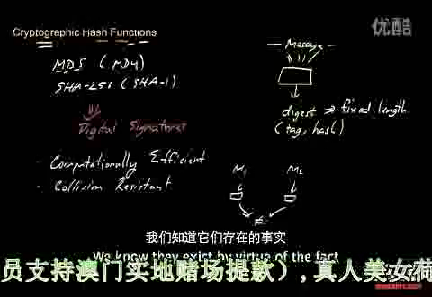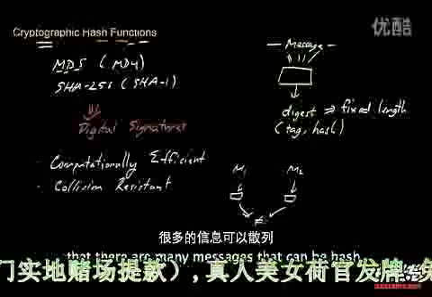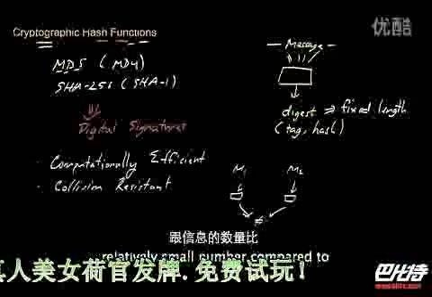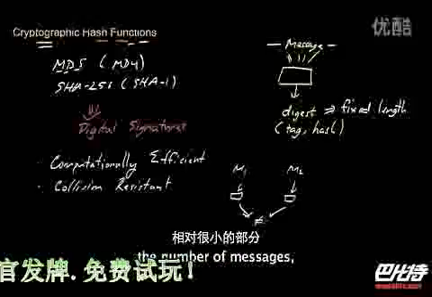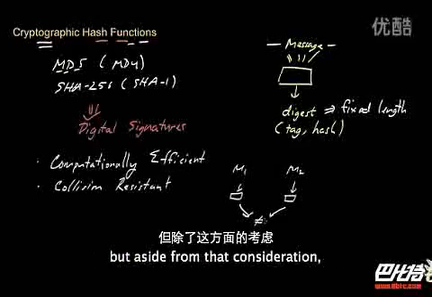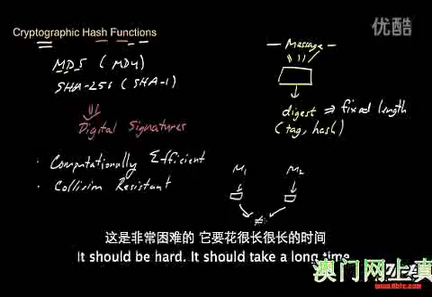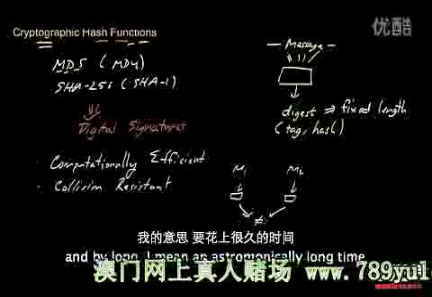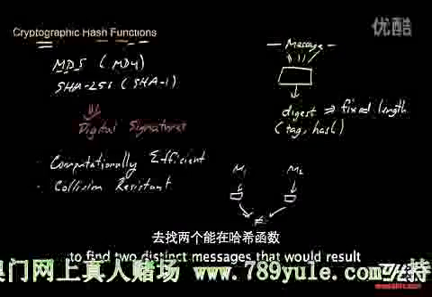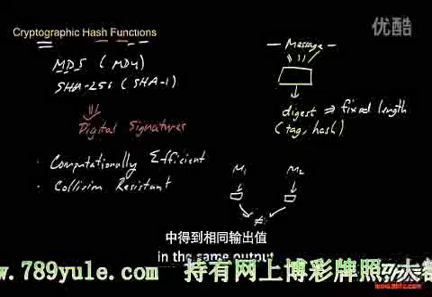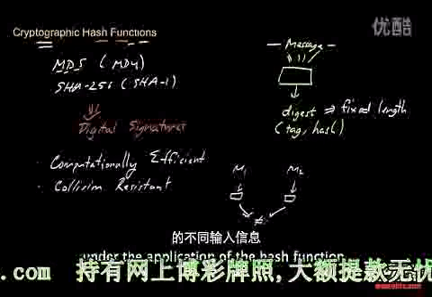We know that they exist by virtue of the fact that there are many messages that can be hashed to only a finite and relatively small number of possible digest values. But aside from that consideration, it should be hard. It should take a long time, and by long I mean an astronomically long time, to find two distinct messages that would result in the same output under the application of the hash function.